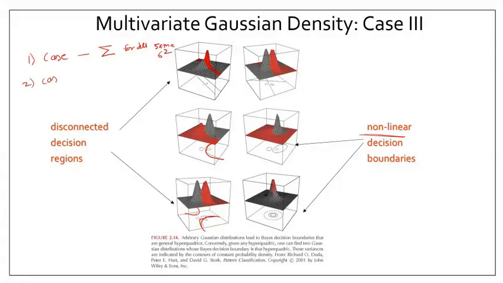Second case, sigma is the same for all, but the diagonal elements are different, that is, the variance can be different. Third case, sigma is different for all, and the diagonal can obviously be anything. This is the most generalized thing, and you will see that when you go to the most generalized case, the decision boundaries become non-linear.